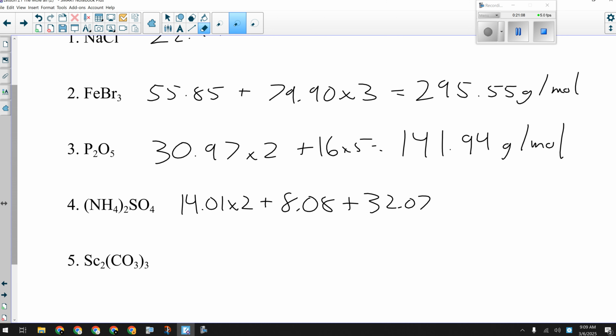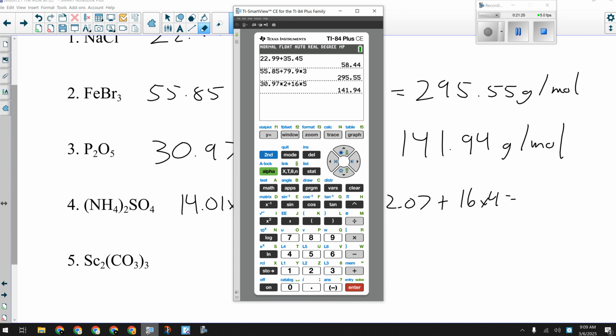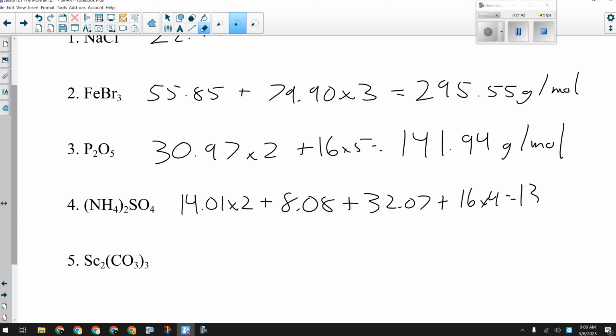Then how many oxygens? 4, so plus 16 times 4. If you've got an ionic compound that's got 2 polyatomic ions, it's going to take you a little longer to calculate the molar mass, but the process is still the same. So we have 14.01 times 2 plus our 8 hydrogens, plus our sulfur, plus our oxygens: 132.17 grams per mole.